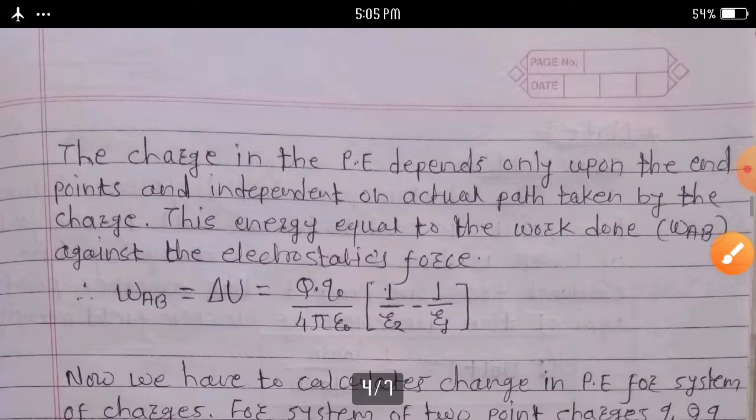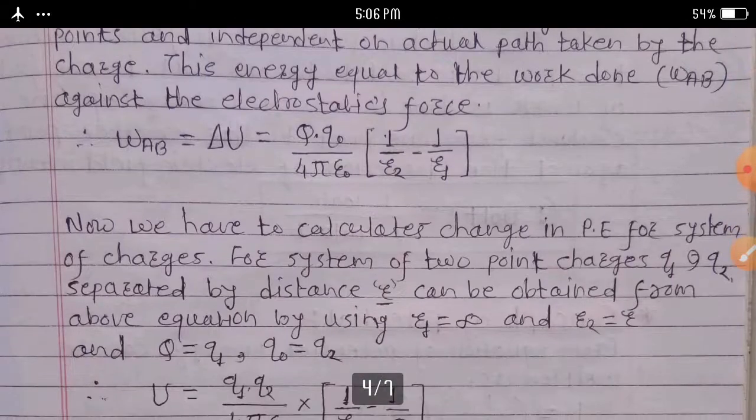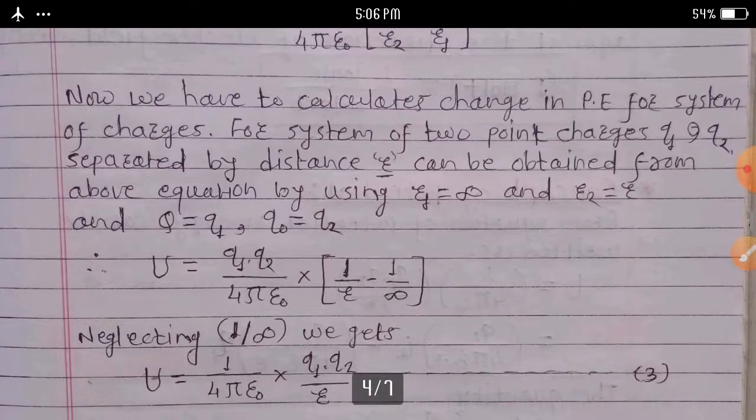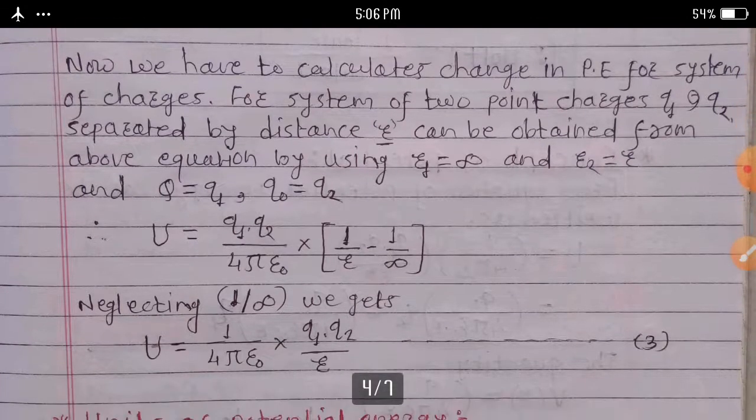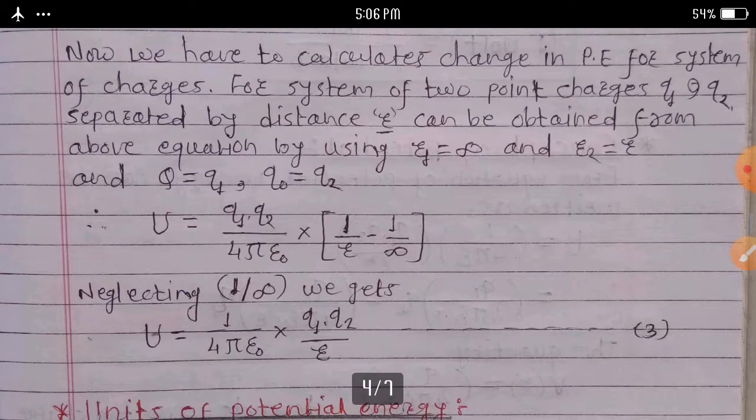Here the change in potential energy depends only upon the endpoints and is independent of the actual path. Now we have calculated the change in potential energy for a system of charges.